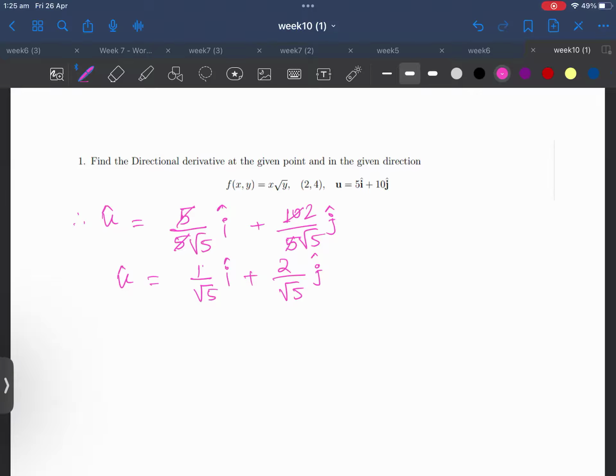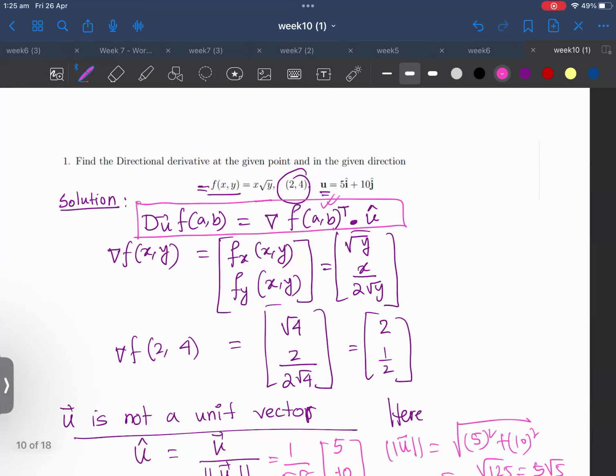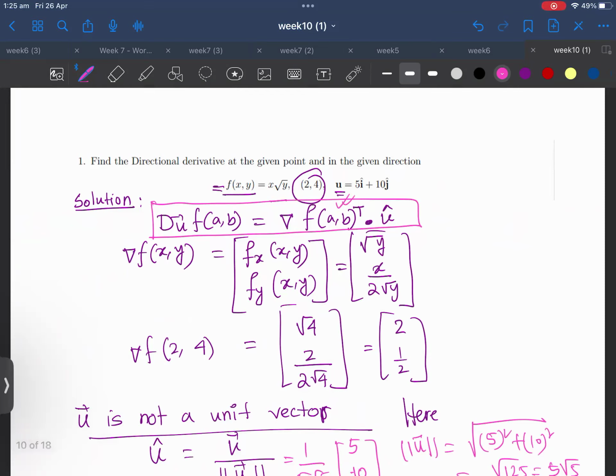So once you get the unit vector, then you have to apply this formula. So you have this part. So you need to just transpose of t, this one, you can do it easily. And what else we have? So write down this formula here.